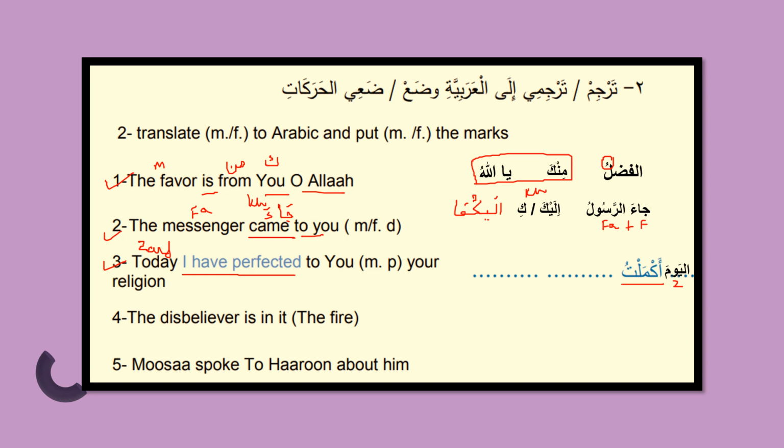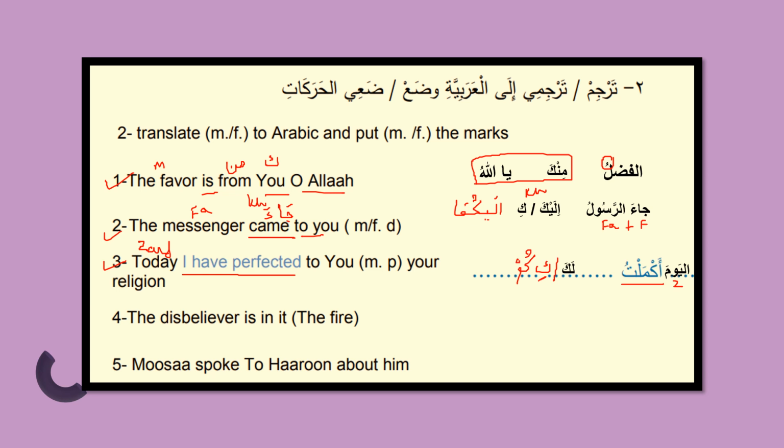Starting here, akmaltu means I completed or I perfected, for you. So here it will be translated as laka. Laka, for you. I have completed the religion for you. So you can say laka, or you can say laki, or you can say lakum, for all.